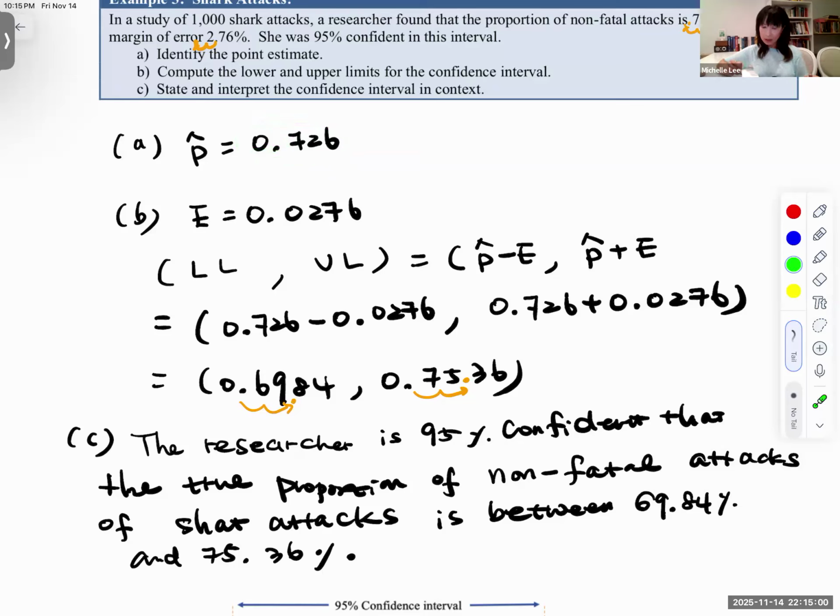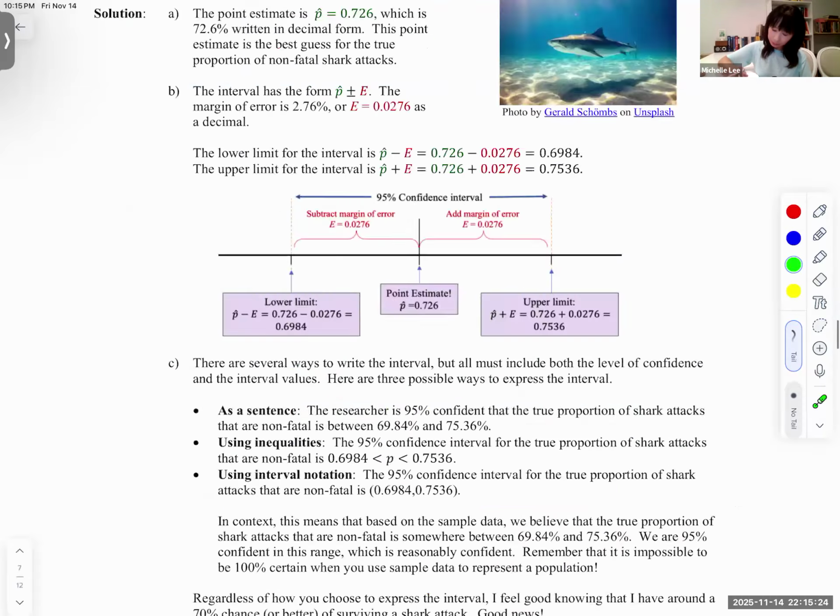So we do it backwards. We are given two numbers. How do you find the p hat in that case? The p hat is in the middle. How do you find the middle number? We add two numbers, divided by 2, right? Okay, let us do that.